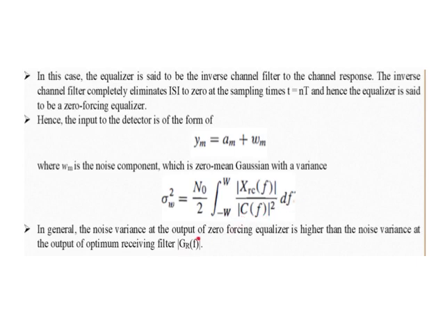In general, I can say that the noise variance at the output of the zero forcing equalizer is higher than the noise variance at the output of the optimum receiving filter mod of GR of f.